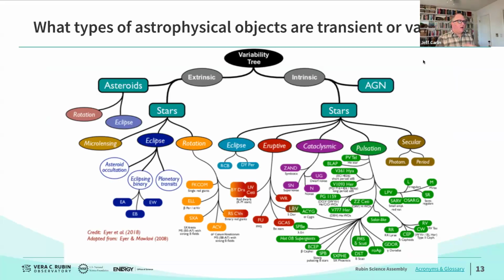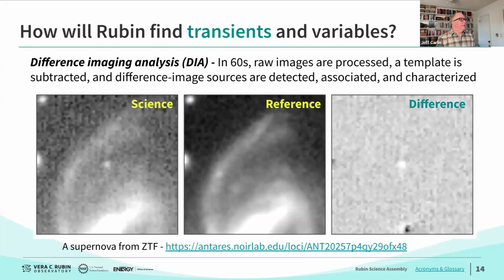But you can see there's a wide variety of things, from supernovae to all the types of variable stars to asteroids and all kinds of other objects, AGN, et cetera. So it's important for a lot of science cases to understand how to work with the time domain data set.